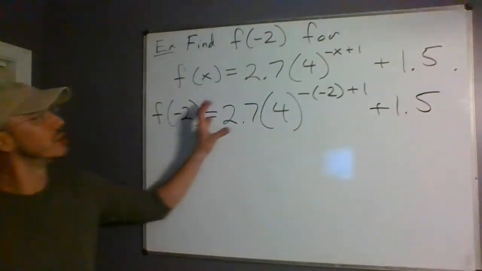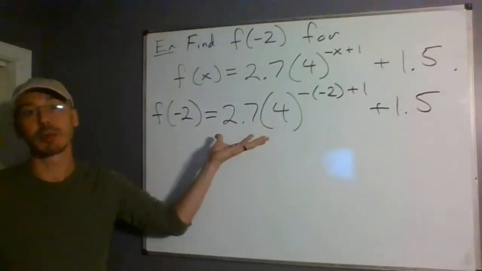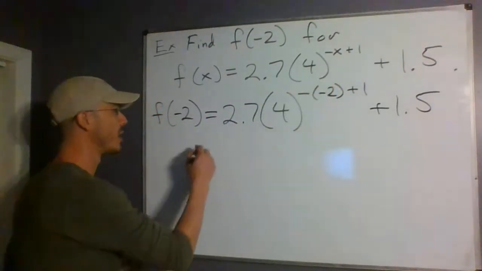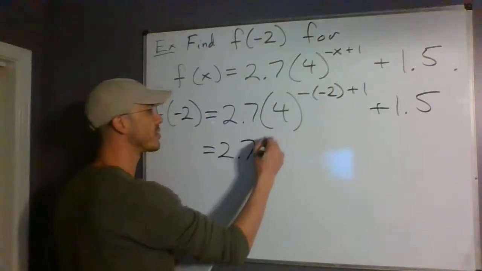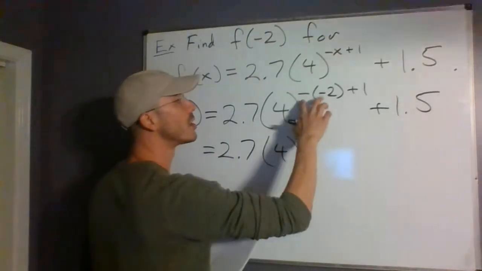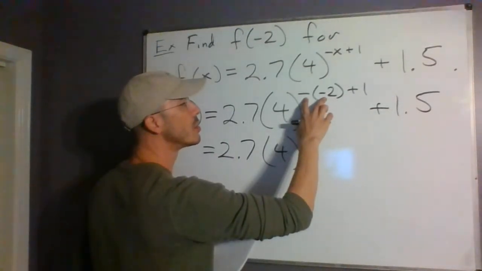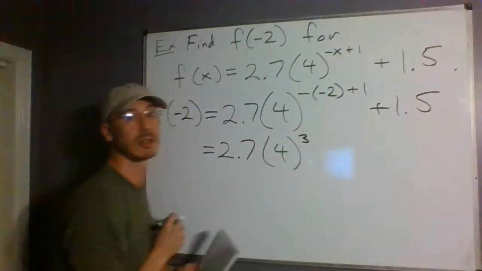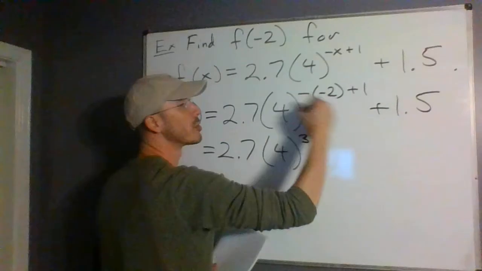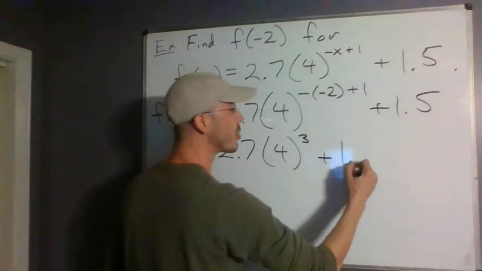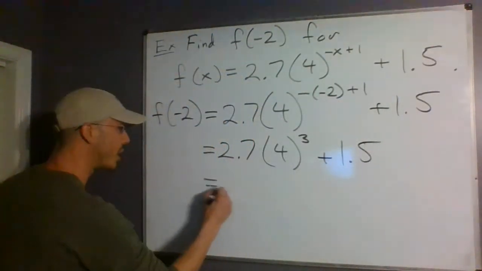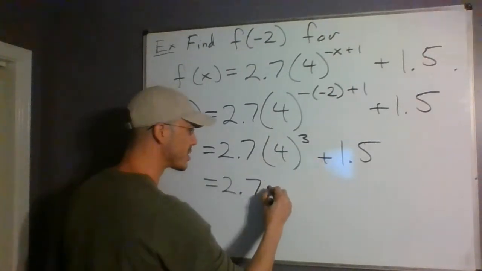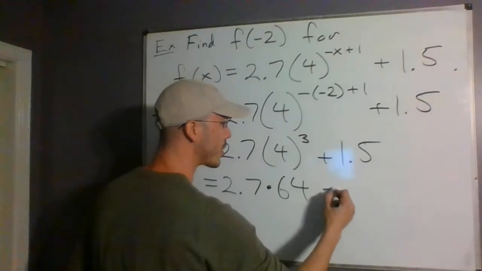And that's just a numerical expression. I need to evaluate it, but that's what we've done, plug in the number negative 2 in place of x. What that gives me is 2.7 times 4 to the negative negative 2, which is 2, plus 1 is 3. So this exponent simplifies to 3, plus 1.5. 4 to the third is 64.